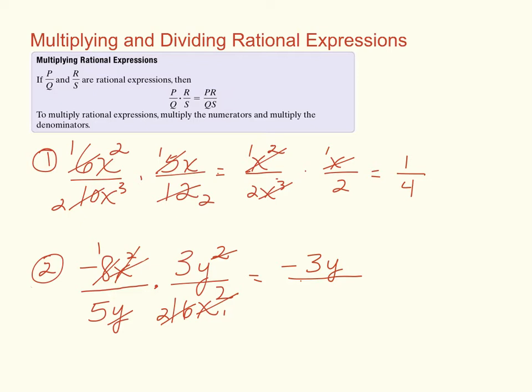The x squared's canceled out. The 16 became a 2. And we have a 5 there. So that's a 10. So it can't be reduced any further: negative 3y over 10.